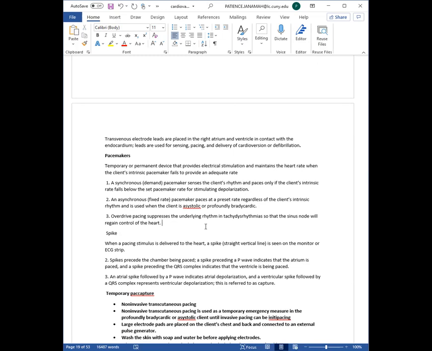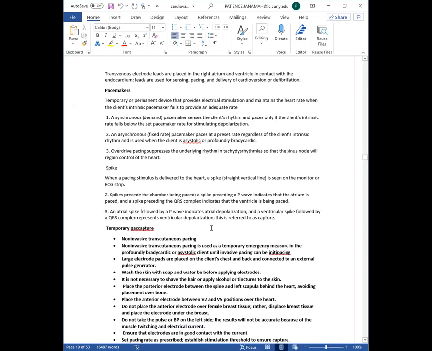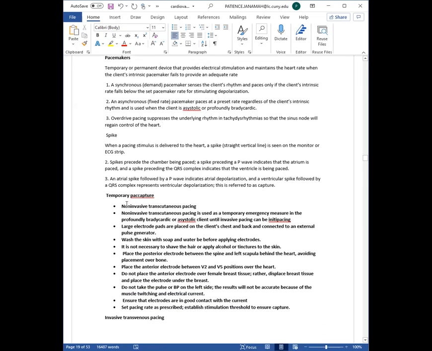But the third one is for when a person has tachycardia and needs a pacemaker to help reduce the heart rate to a normal level. So pacemakers are either to push the heart rate from brady to normal, or to bring it from tachy to normal. Those are mostly the reasons why people need pacemakers.